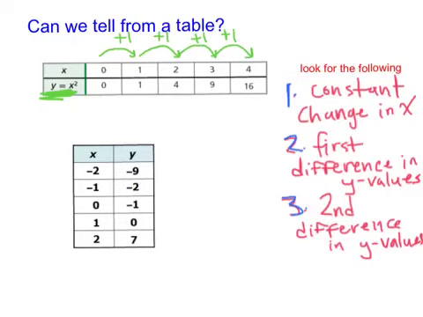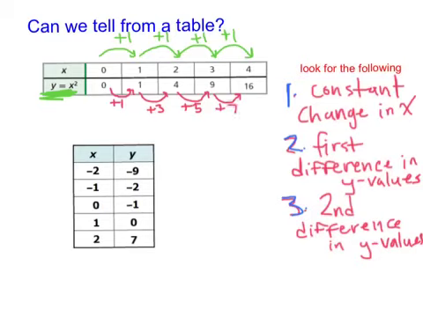The second thing we look for is a first difference in y values. Our first differences in y values would be the following: plus 1, plus 3, plus 5, and then plus 7.